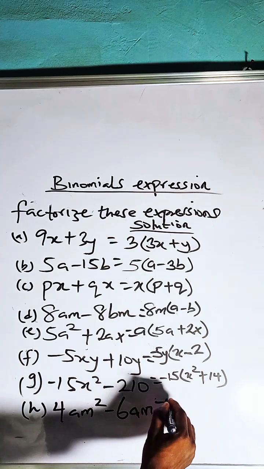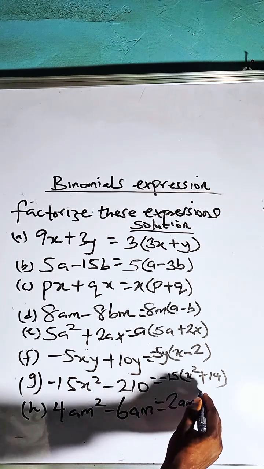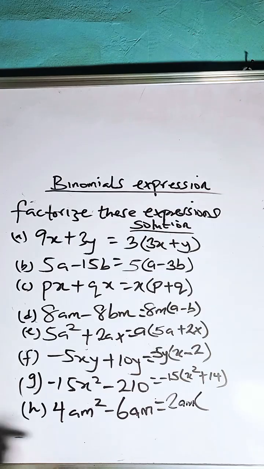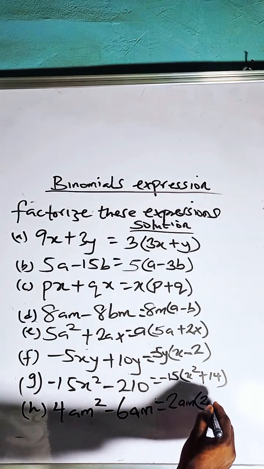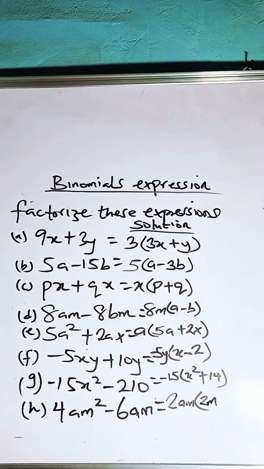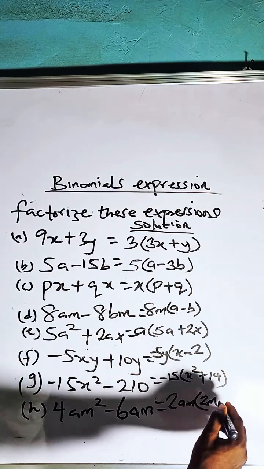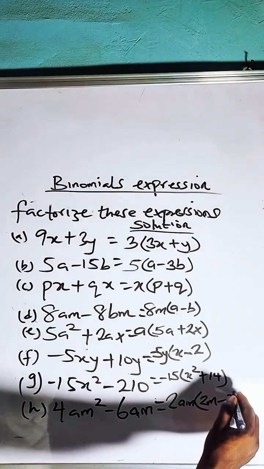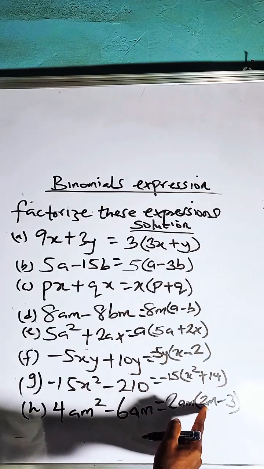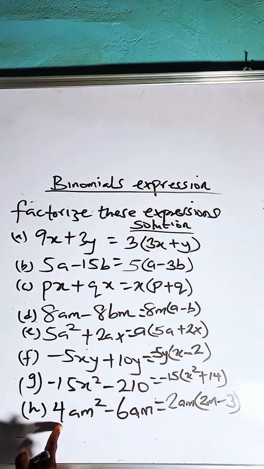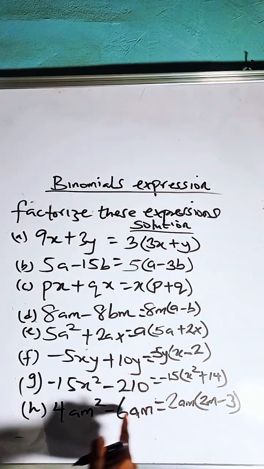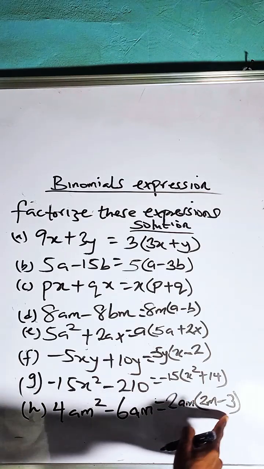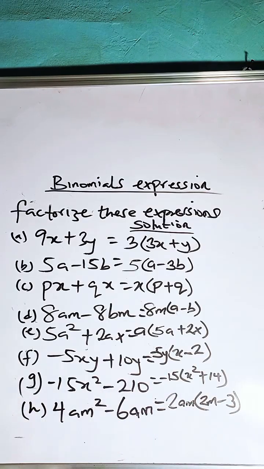So we have 2am into 2m minus 3. So we say 2am times 2m: 2 times 2 is 4, am times m is am squared, minus, 2am times 3 is 6am.